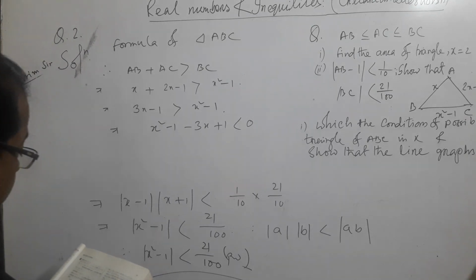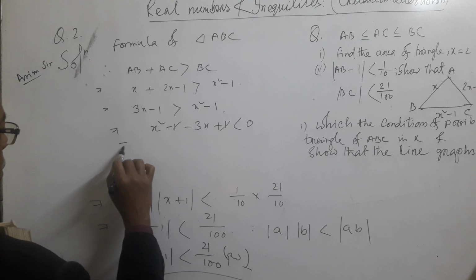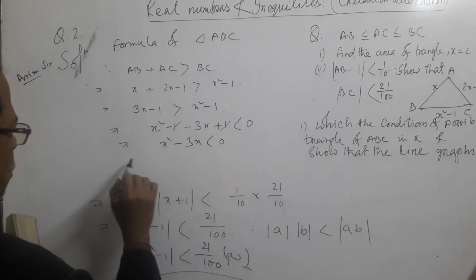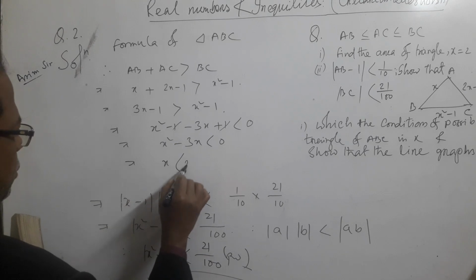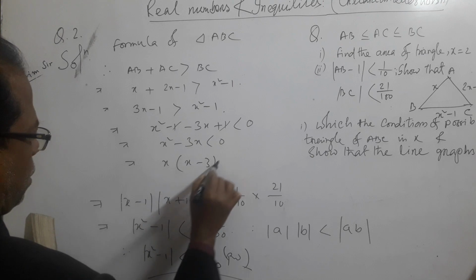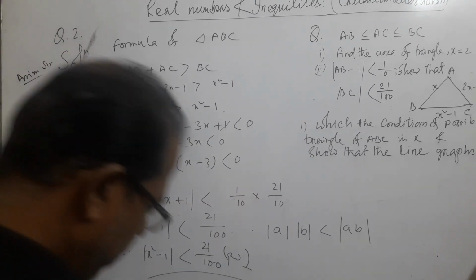So plus 1 minus 1 is omitted, x squared minus 3x is less than 0. So x into x minus 3 is less than 0. So this is the formation.